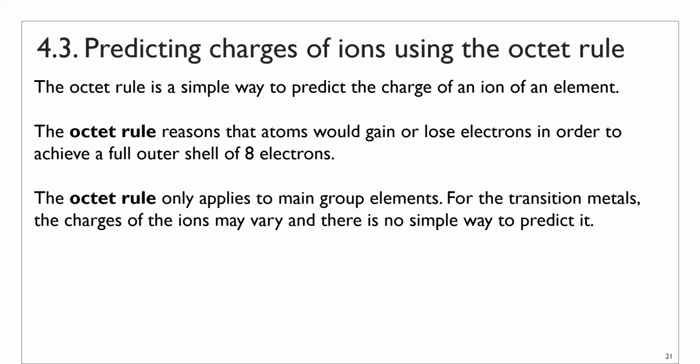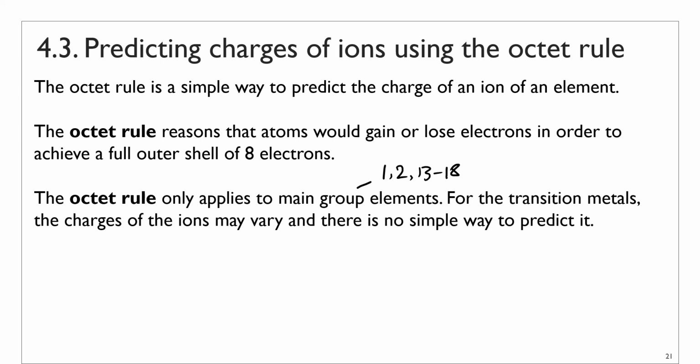As I mentioned earlier, it is important to remember that the octet rule only applies to main group elements. So main group elements, we're talking group 1, 2, and then 13 to 18. You cannot use the octet rule for transition metals. Hopefully you remember it's very difficult to work out the number of valence electrons for the transition metals, so it is a little bit harder already.